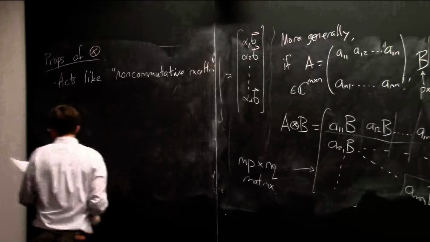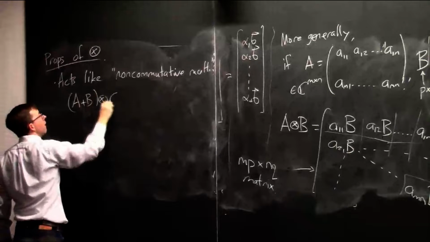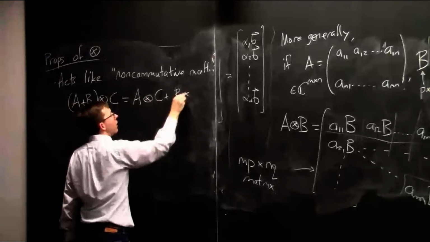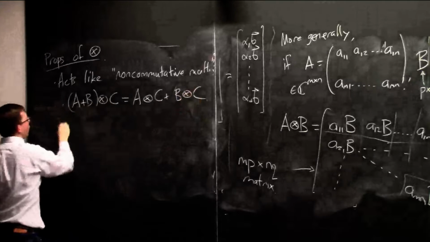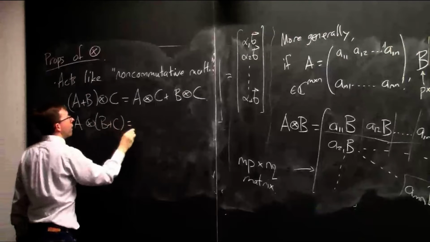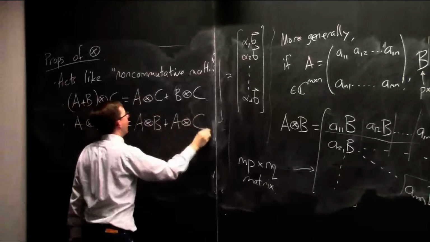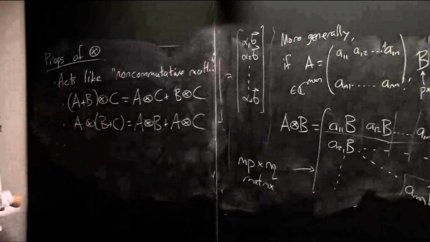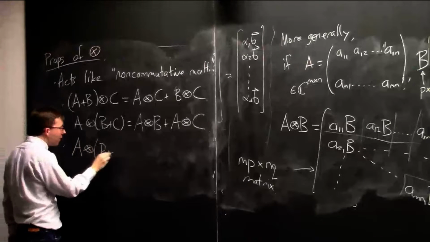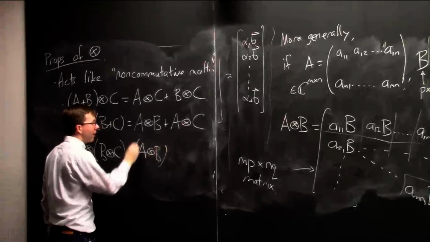By which I mean, (A plus B) tensor C is A tensor C plus B tensor C. And the reverse, A tensor (B plus C) is A tensor B plus A tensor C. And it's associative, so (A tensor B) tensor C is the same thing as A tensor (B tensor C).